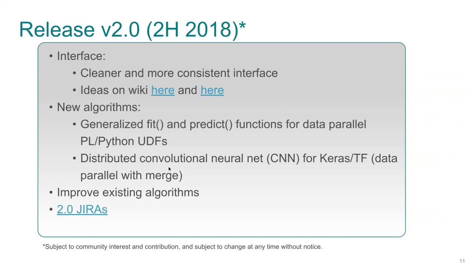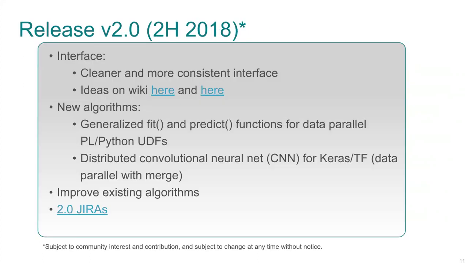The second track of work is around larger distributed models. Here's one example that we're thinking about, which is supporting distributed training of a convolutional neural net, in this case using Keras with a TensorFlow backend. So this is not parallel models. This is actually merging the models, so building very, very large training models for very, very large data sets.